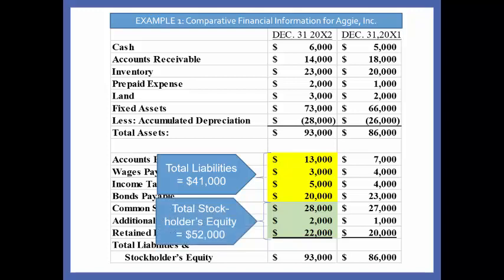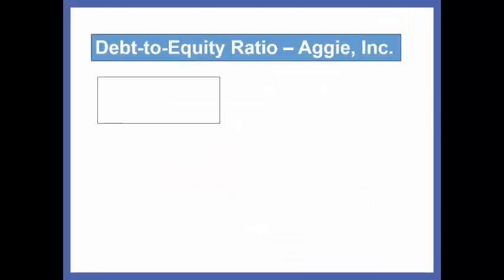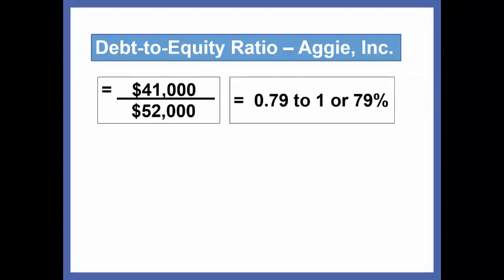So total stockholders' equity at the end of the year is $52,000. So we can put this into the equation. $41,000 of liabilities, $52,000 of equities, and we get 0.79 to 1, or 79%. Liabilities were 79% of equities.